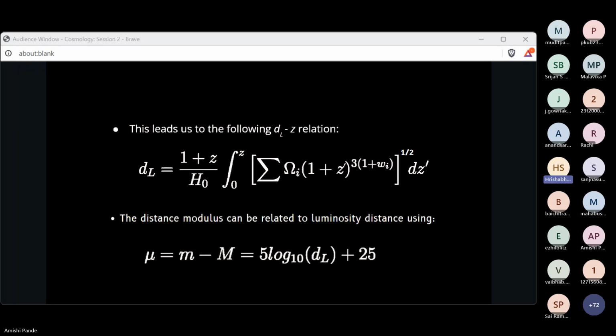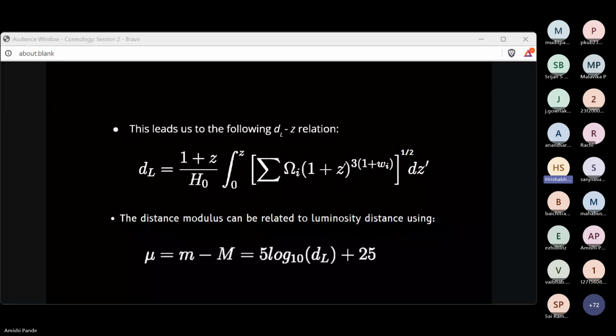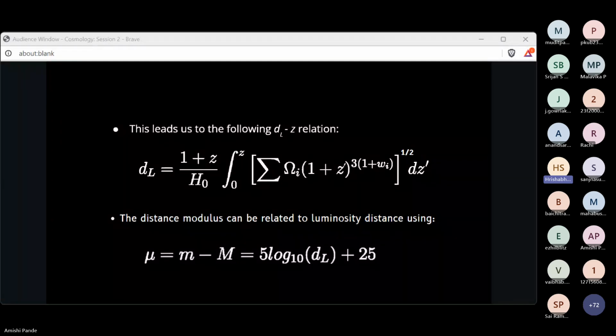So the DL that we saw was DL equals (1 + z) times r. Hang on, I don't understand your question. Let's just complete this first. So DL is (1 + z) times r, right? As we saw in the last equation of the previous slides. Now what we need is to somehow get rid of that r, because all our observables are: we know that a particular object is at redshift z and is emitting light with luminosity L that we are observing as flux F. That is all we know.